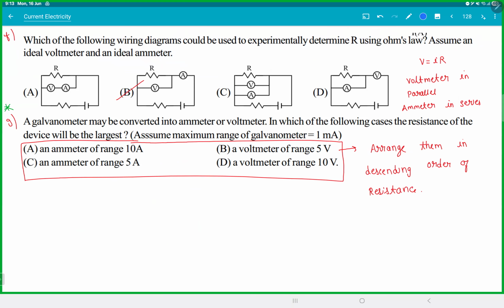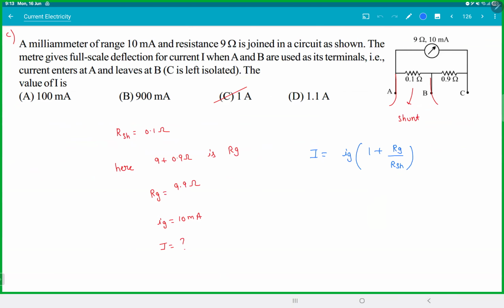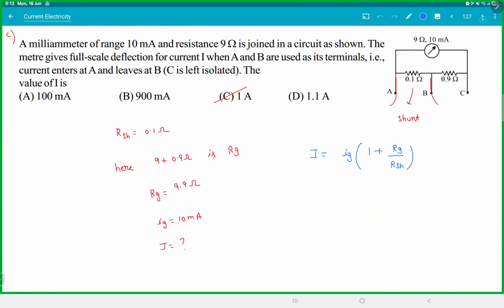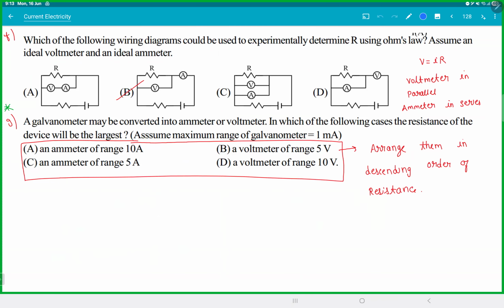And that's what we wrote actually, one of the things. Yeah, I think you got an answer. Oh, yeah, most of you got it. So for a voltmeter, R must be large so that you get more range. So between two voltmeters, whoever has more range has more resistance, isn't it? Similarly, for ammeters, the one with more range will have less resistance because R shunt must be small for more range.